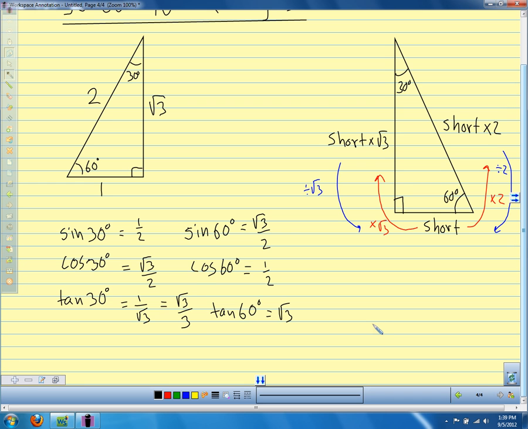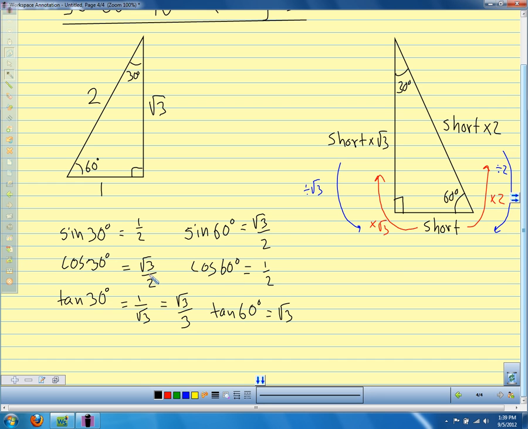Does anybody see a pattern here, something that looks interesting? Sine of 30 degrees is the same as cosine of 60 degrees.